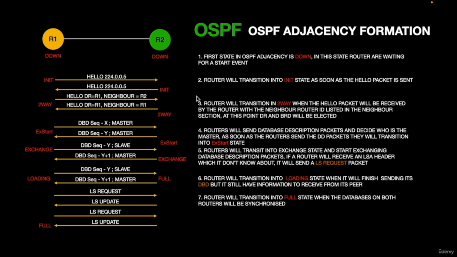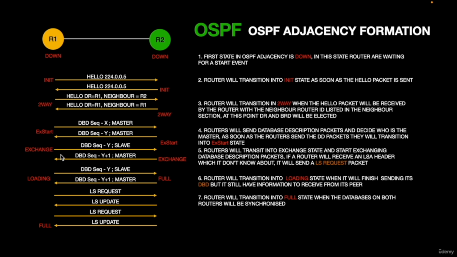Routers will send a database description packet and decide who is the master. And as soon as the routers send the database description packet, they will transition into the xstart state. So they are sending the database description with a sequence number of x. R1 is stating that he's the master, and R2 also thinks he's the master.